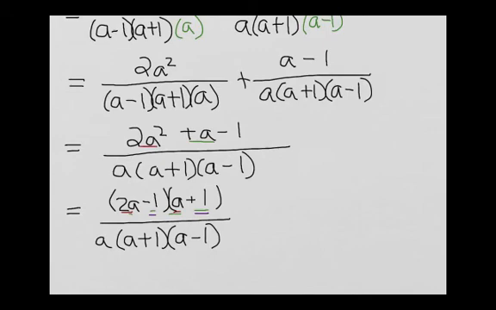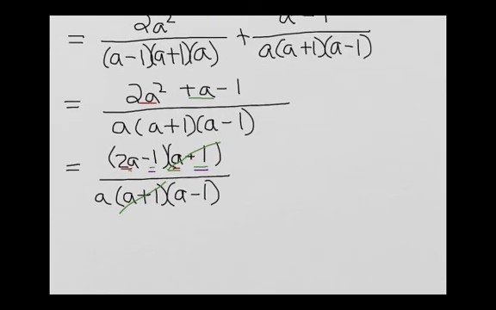And we can see that we have a common factor of a plus 1 in our numerator and our denominator. So our final answer is going to be 2a minus 1 divided by a times a minus 1. I hope you found this helpful.